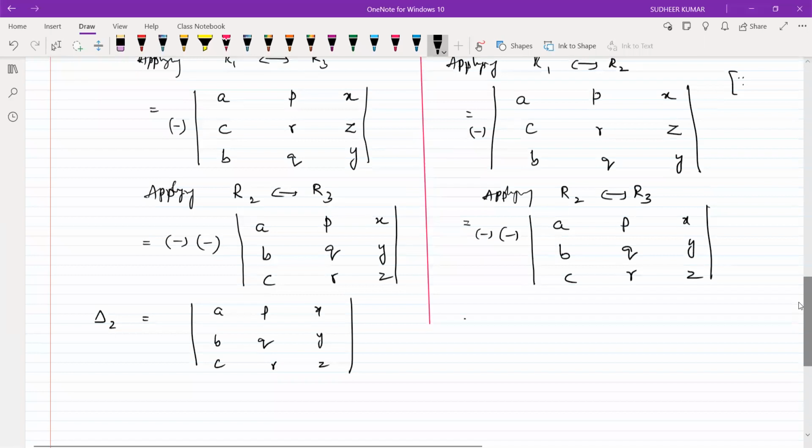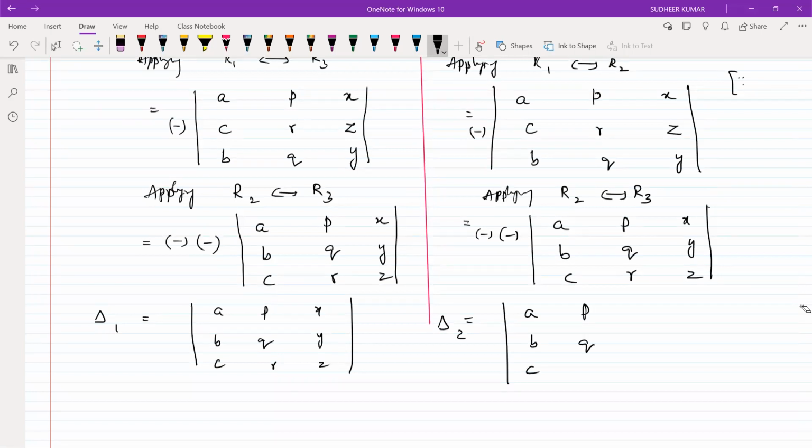Minus of minus is plus. So sorry for that. This is the first determinant, and this is the second determinant in the splitting method. So this is A, B, C, P, Q, R, X, Y, Z.